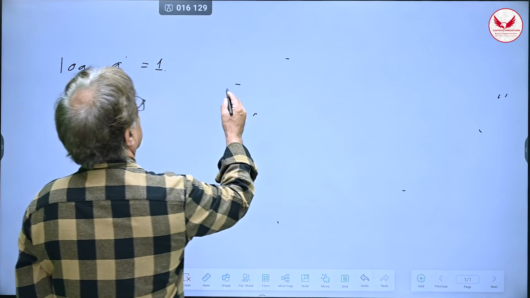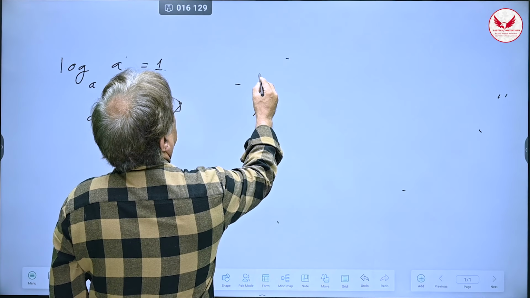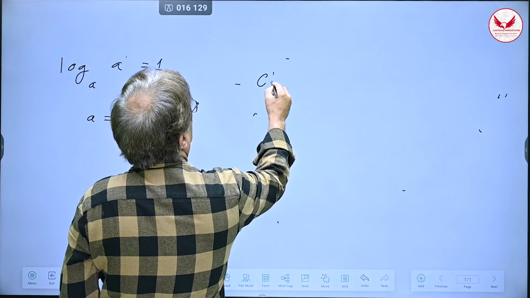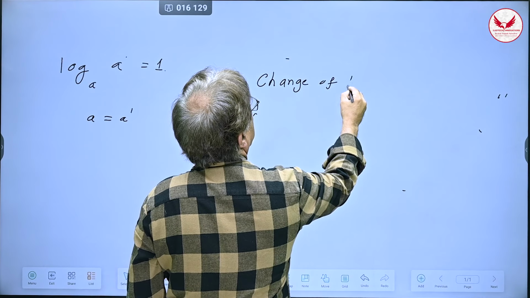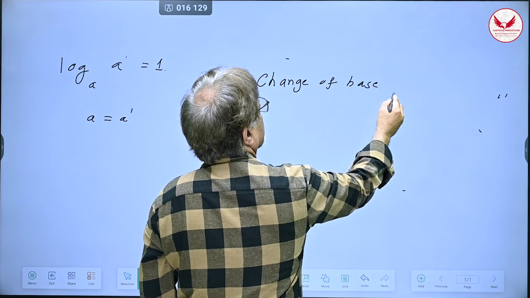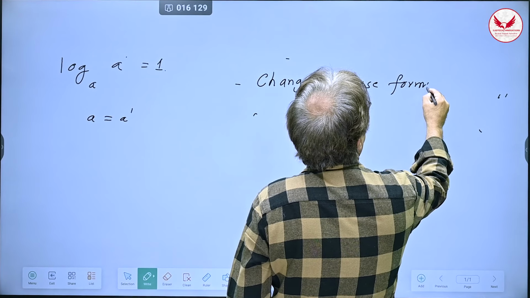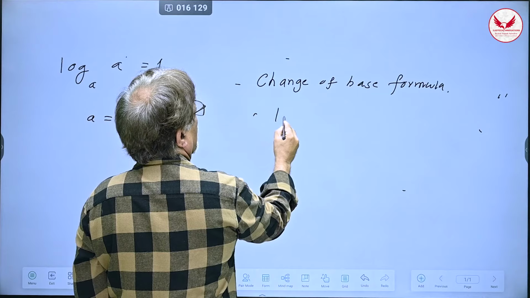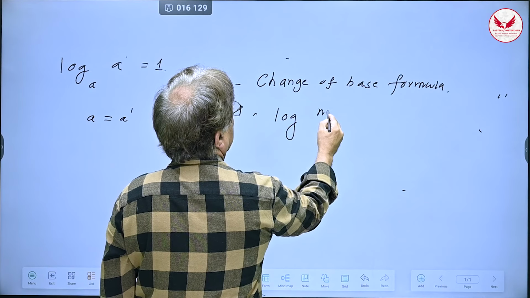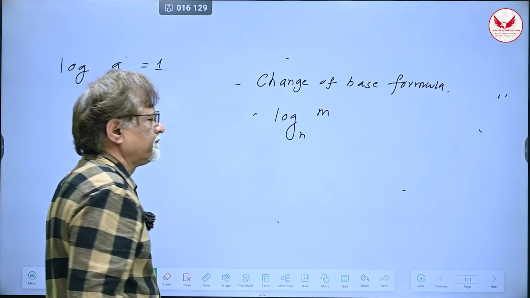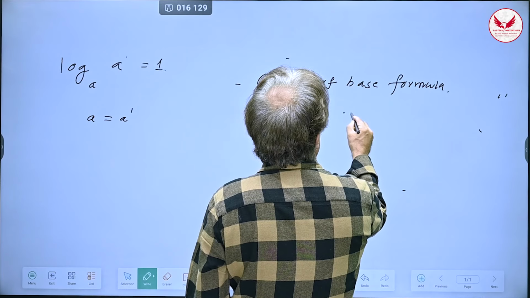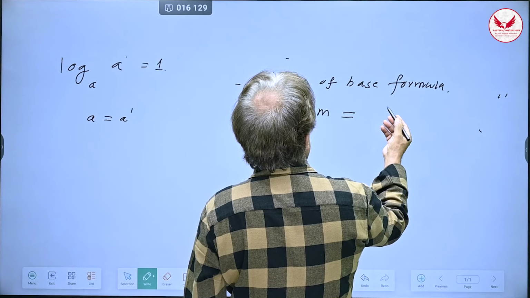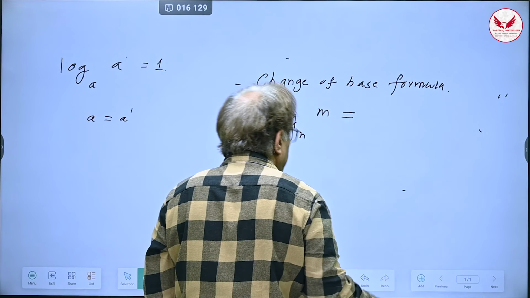Now, remember one thing, that this is a very important formula, called the change of base formula. So I have log of m to the base n, but I can change this base to any number I like, provided it is not equal to 1 and greater than 0.